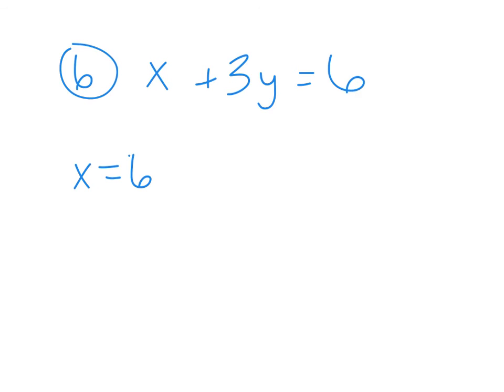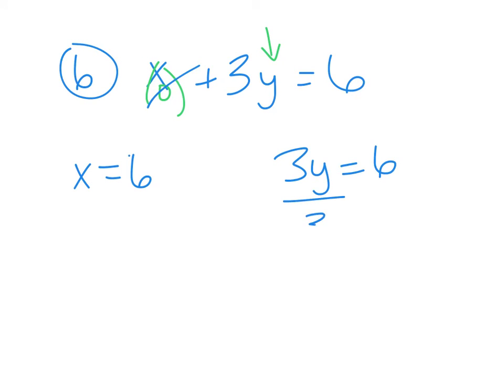If I'm solving for the y-intercept, where do I plug my 0? Yep, you put it right there. Well, if 0 is there, do I need to write it? So I have 3y equals 6. Get the y by itself. What's 6 divided by 3?